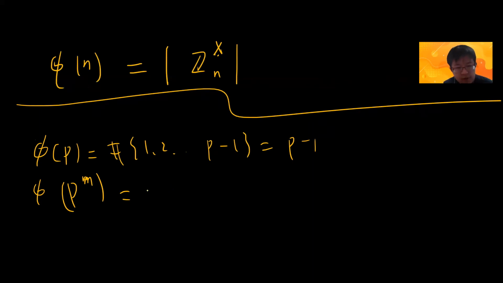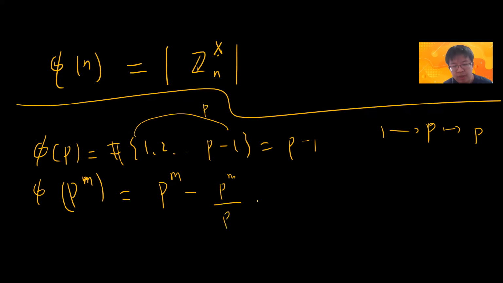You just need p^m total, and minus those which are not coprime to p. Each block of p elements gives you one number not coprime to p, which is p itself, so the count is p^m divided by p, which is p^(m-1), removed, giving p^m minus p^(m-1).